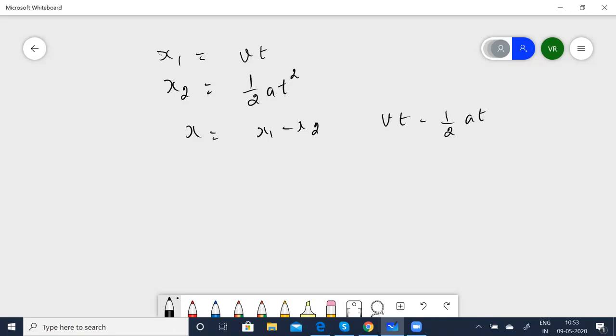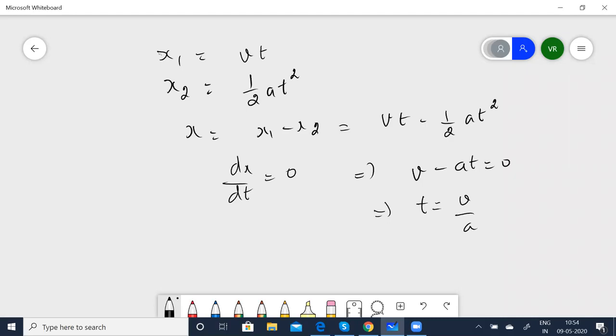For x to be maximum, dx by dt should be equal to 0, right? When you differentiate this, you get v minus at is equal to 0. This implies t is equal to v by a.